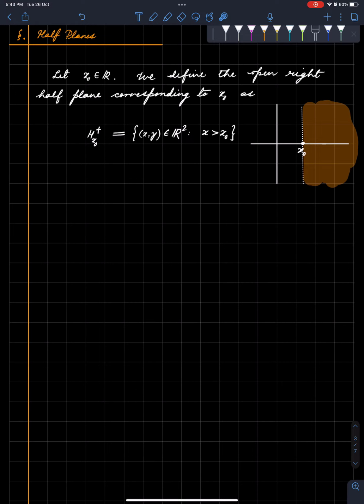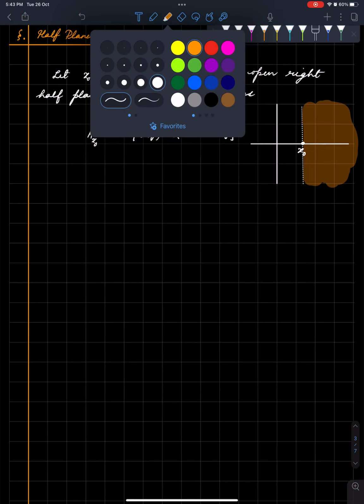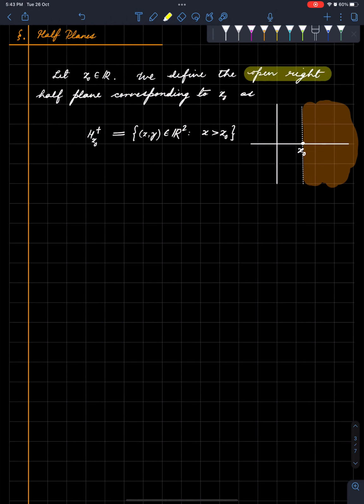So every point which has x coordinate greater than x naught, all of those points are here, and precisely those points are here. Okay, and this is the notation. Similarly, one can define open left half plane, H x naught minus, and that is something that you can do.